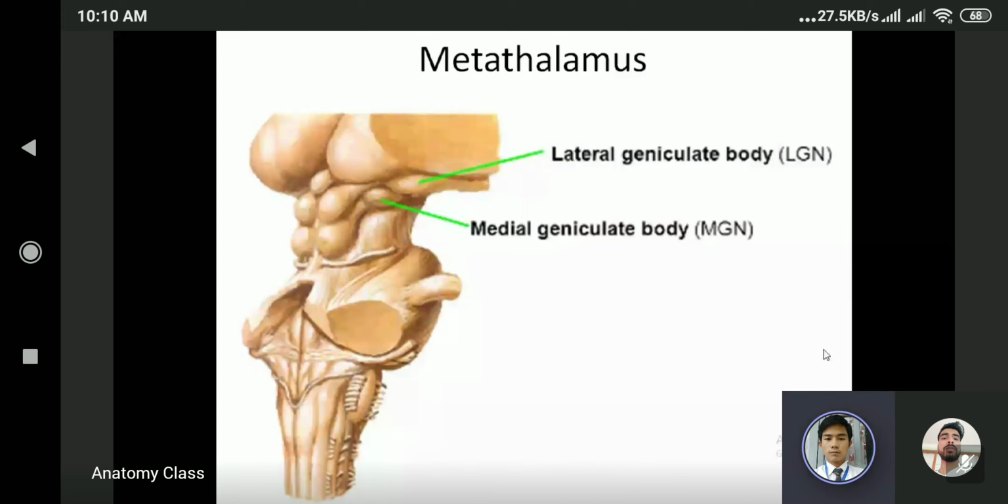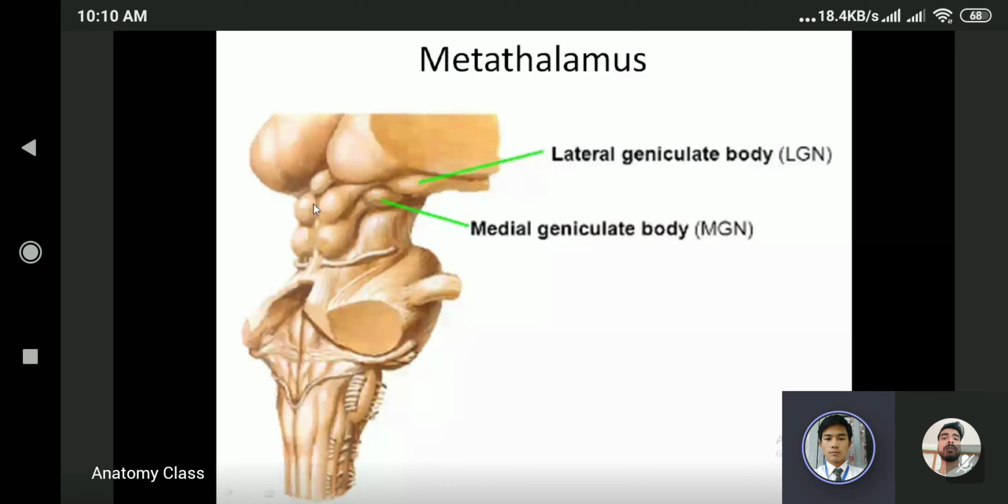Okay, so just below the pulvinar end, or posterior end, of the thalamus, these two oval masses of gray matter are present, known as the lateral and medial geniculate body. And these are present lateral to, what is this structure? This is the inferior colliculus, and the one above is the superior colliculus.